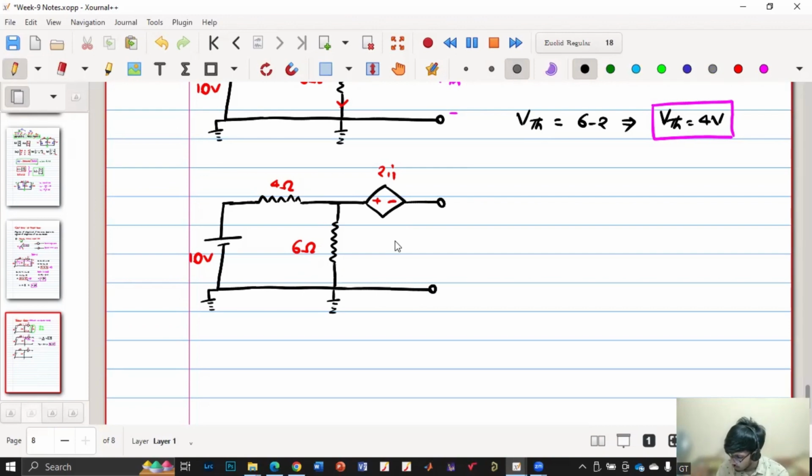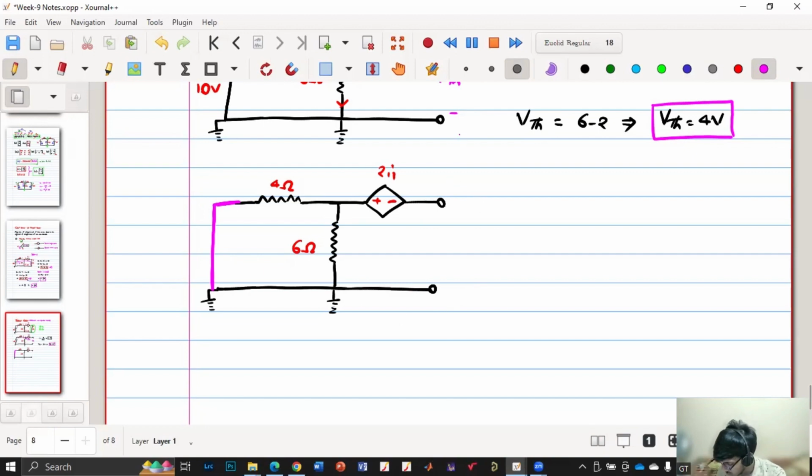First, the independent sources will be short circuited, but the dependent sources will not be short circuited. Now, how to find ZTH, because we do not know this voltage? ZTH is nothing but the impedance seen by these two terminals, right?